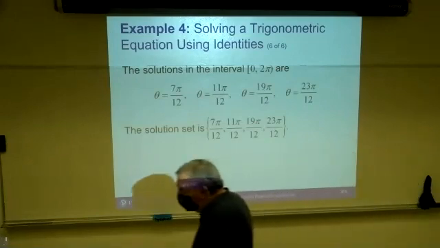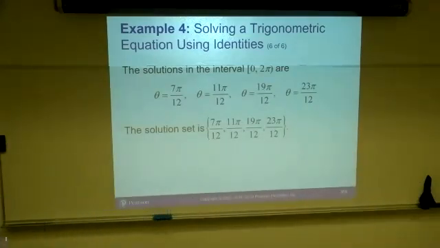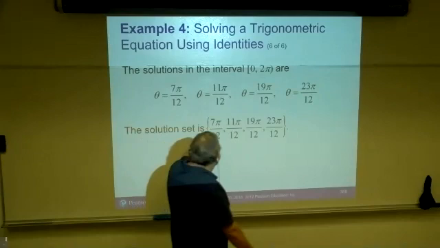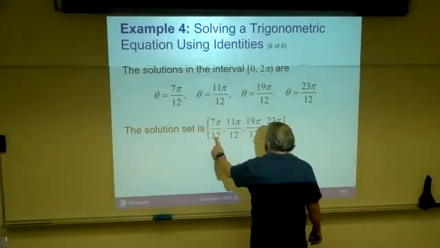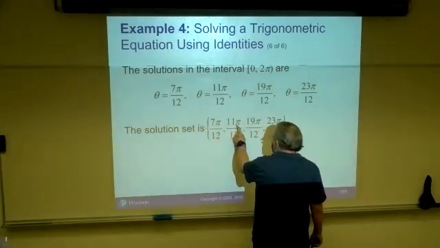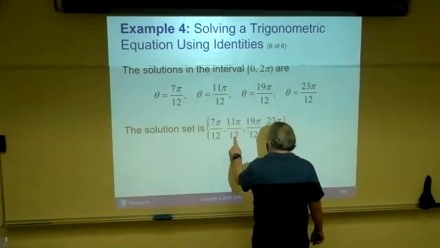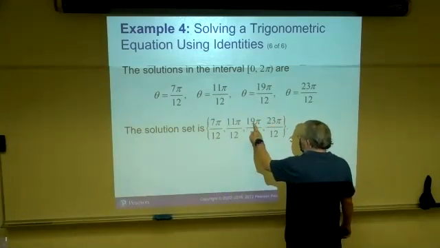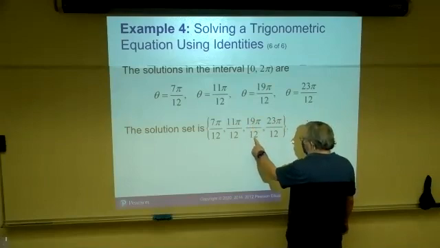So those four angles would give us -1 as their sine of 2 pi. Because if I multiply this by 2, I get 7 pi over 6. I multiply this by 2, I get 11 pi over 6. I multiply this by 2, I get 19 pi over 6.